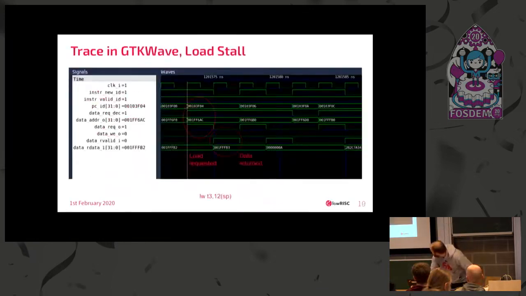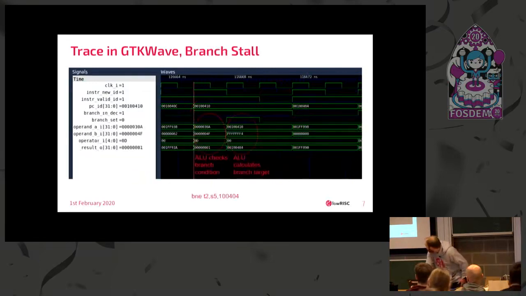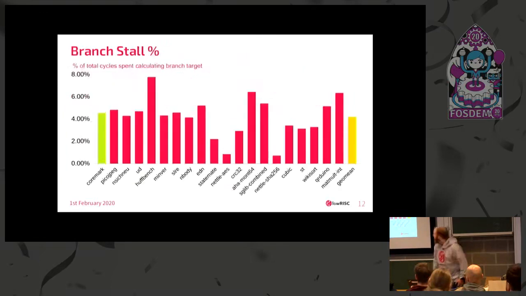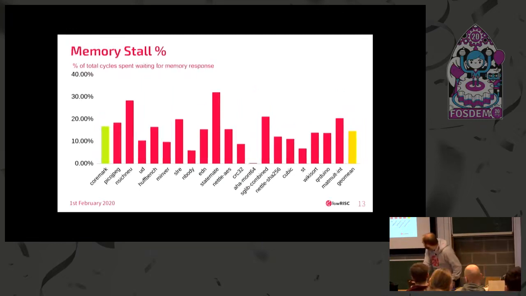So if we go back here, that second red circle there, this is the percentage of total cycles we're basically spending doing that red circle. And you can see, on average, around about 4% of our time is spent doing this. So if we could remove this cycle, we could reduce the number of cycles that we spend doing these benchmarks by around about 4%. And different benchmarks have different amounts of branching, which is unsurprising.